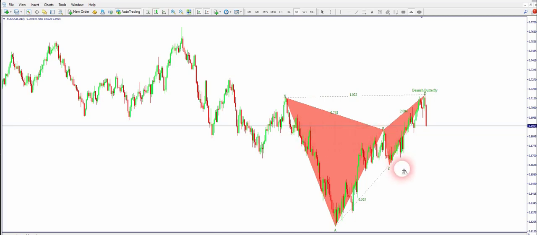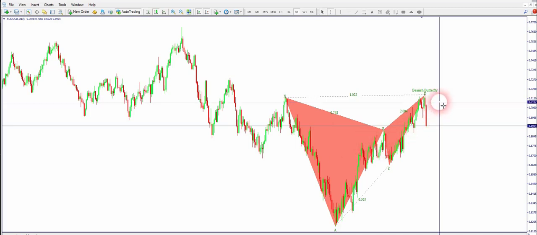So I would rather believe that if this could have been from here to there, then the butterfly might have looked better, right? But currently it has made something like this, so it's not quite a butterfly, but this is the pattern. It can still be considered a bearish butterfly pattern.